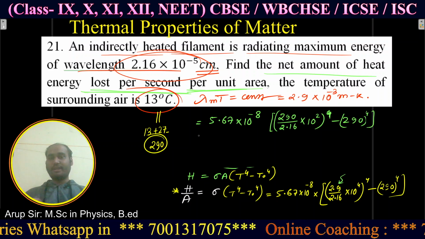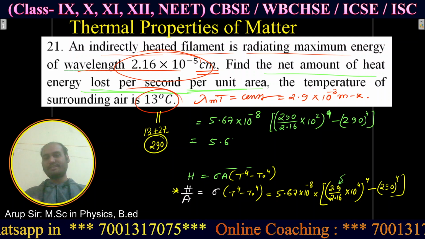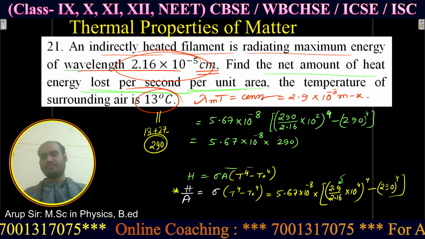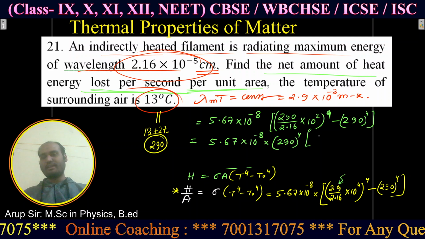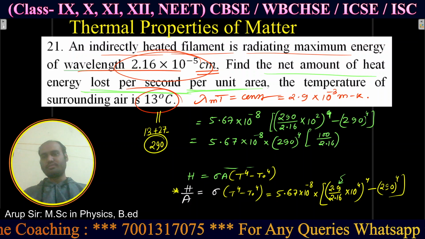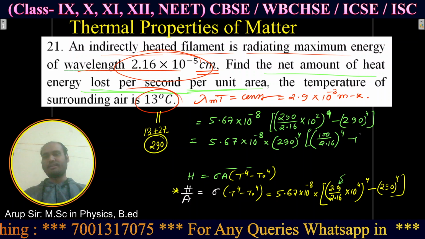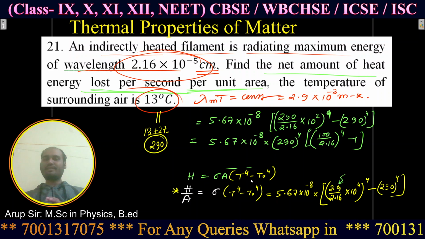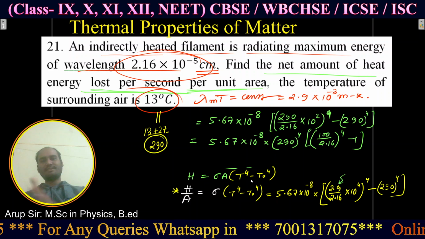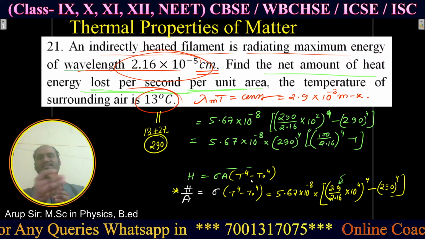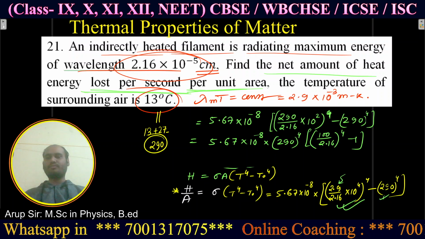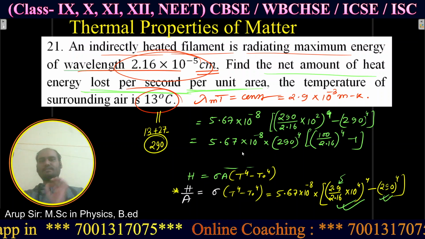Now you can take 290 to the power 4 as common. So 5.67 into 10 to the power minus 8 into 290 to the power 4 common, into 100 by 2.16 whole to the power 4 minus 1. 100 by 2.16 is approximately 50, so 50 to the power 4 minus 1, which is slightly easier than calculating each to the power 4 directly.